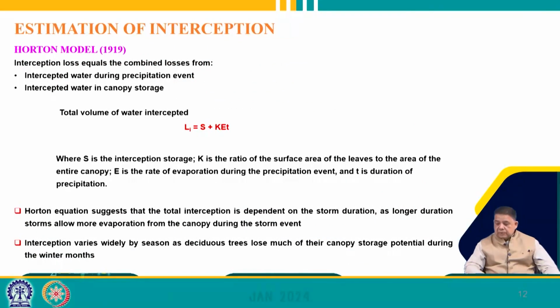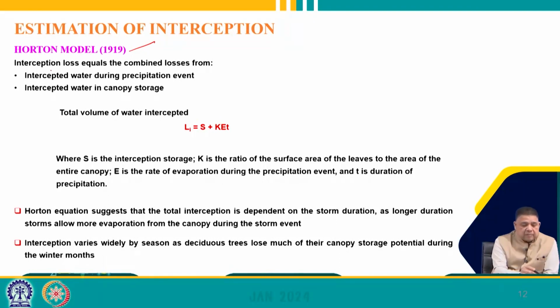Then we also have the Horton model, which came into existence in 1919. As per the Horton model, interception loss equals the combined losses from intercepted water during a precipitation event and intercepted water in canopy storage.